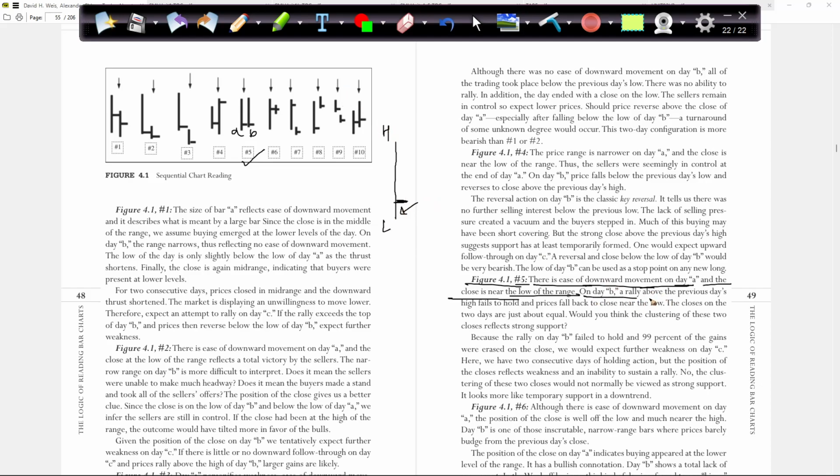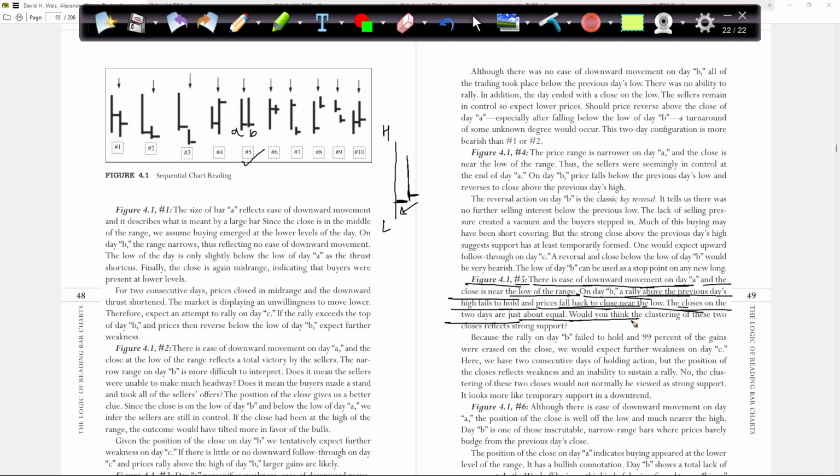On day B, a rally above the previous day's high fails to hold, when prices fall back to close near the low. So this was our first day, and on the next day it closed near the low. The closes on the 2 days are just about equal.